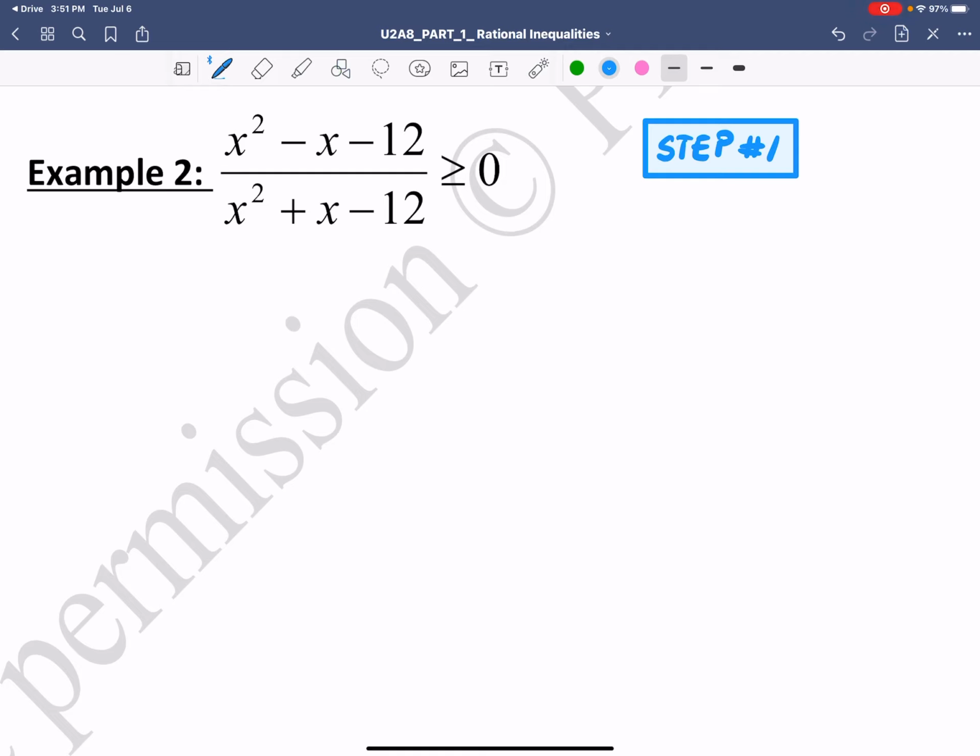So in step 1 in here, we will find the zeros, because this is simplified. All terms are in one side of the inequality. So zeros of denominator and numerator.